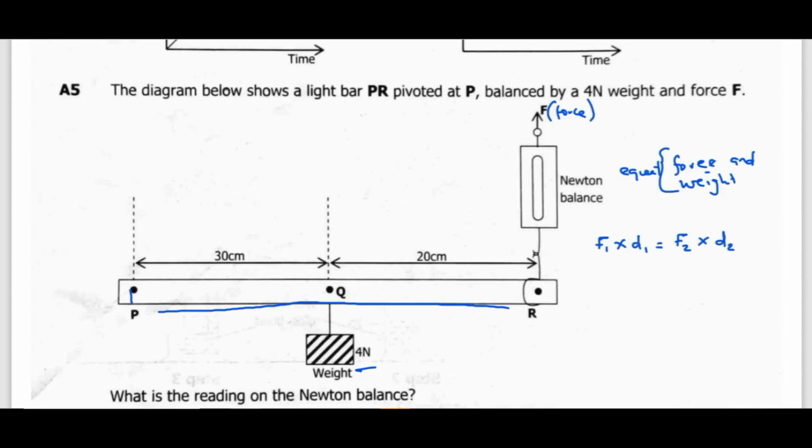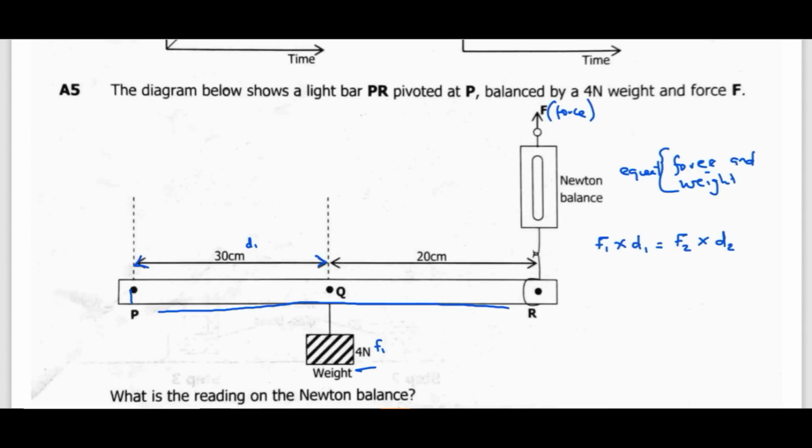Now let us identify from the diagram here which one is force. The first one is this one, this is F. So what will be force 1? And then let us look at the distance. The distance that we are looking at here is distance 1, which is 30 from here to there.